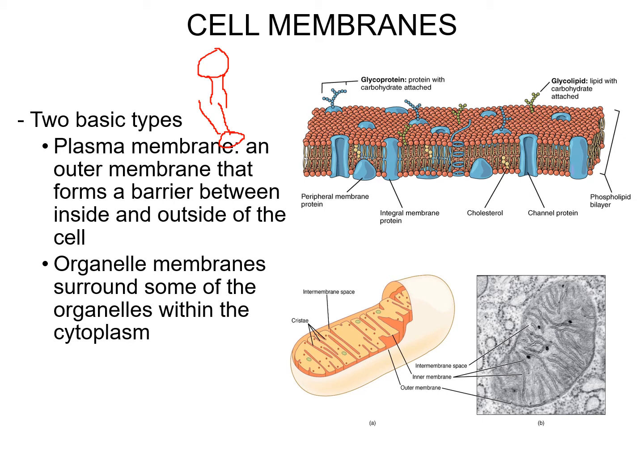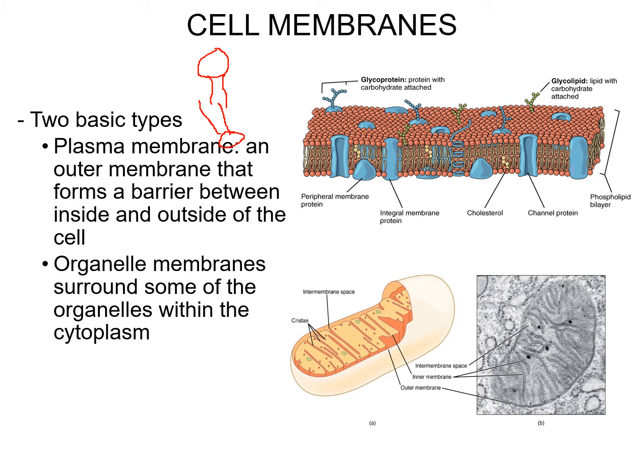The other type of membrane that does exist in cells are the organelle membranes. Certain organelles are the little mini organs all throughout the cells located in the cytoplasm, so basically everything that's not called a nucleus. Some of them can have membranes, and that's going to be really important just for separating things and compartmentalizing things. Remember, one of our big life requirements is to be able to separate and create boundaries.